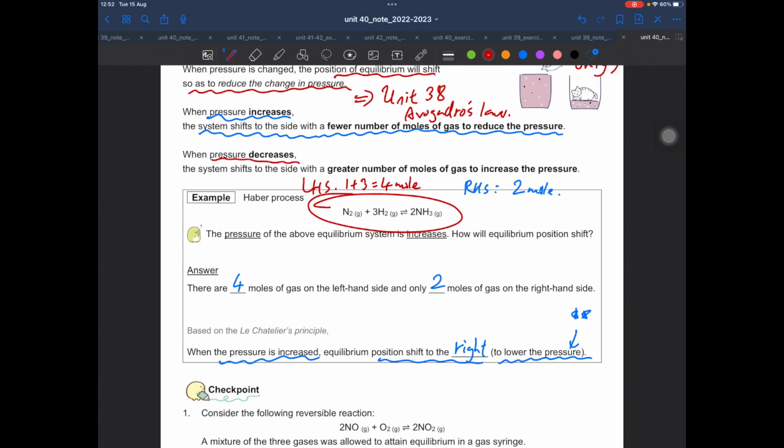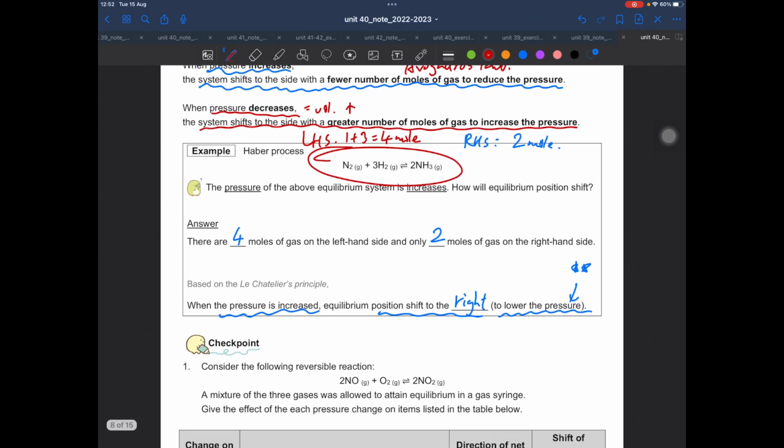Well, in reverse, if the pressure decreases, then the system will have a greater number of moles of gas, right? Because pressure decrease means the volume increases. As I mentioned before, if your home becomes bigger, then you will buy more furniture to fill in the space, right?